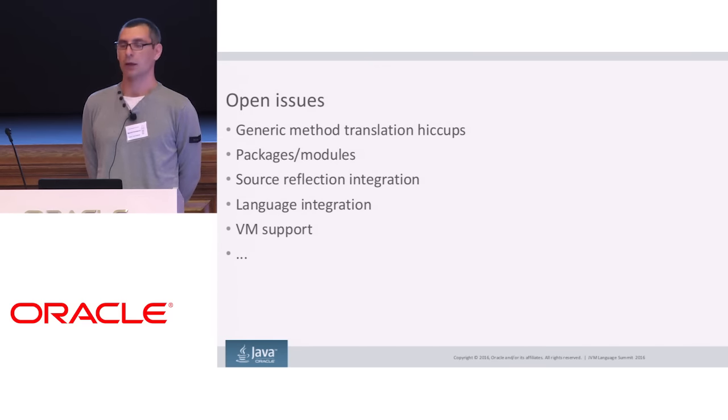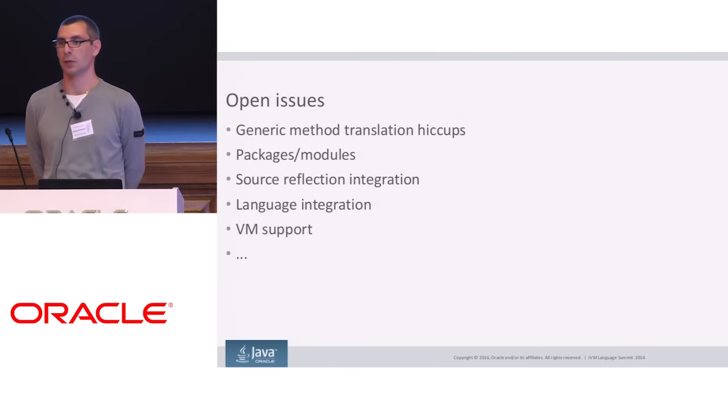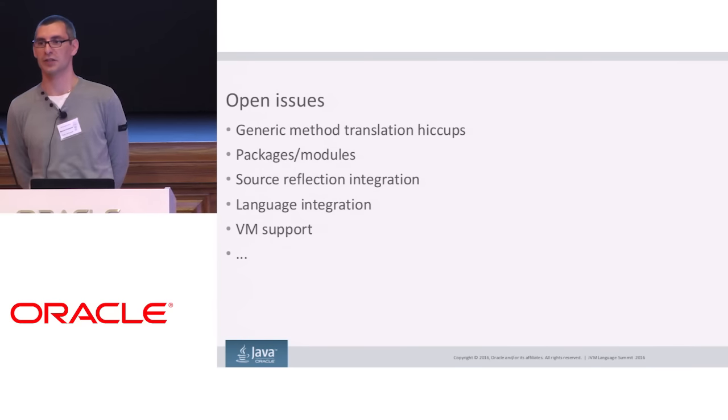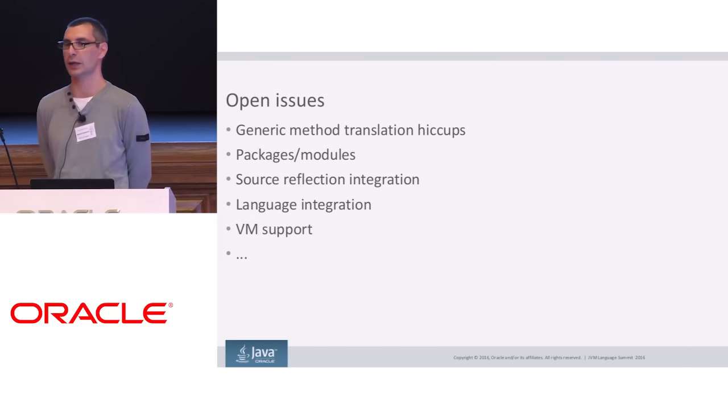I didn't speak a lot about integrating source reflection and runtime reflection, but now, if we have two APIs which do the same thing, wouldn't it be nice if we had a unified way to access those APIs from the language?